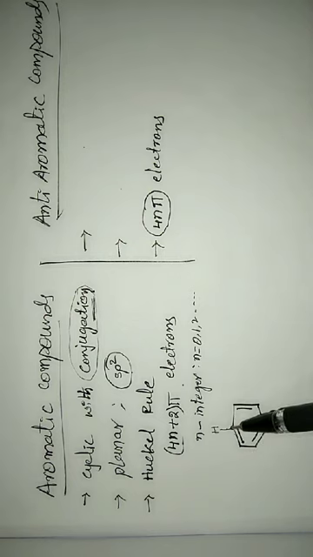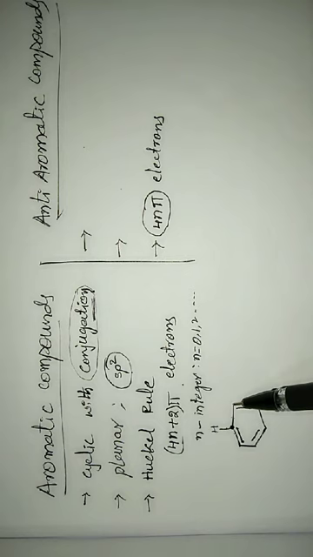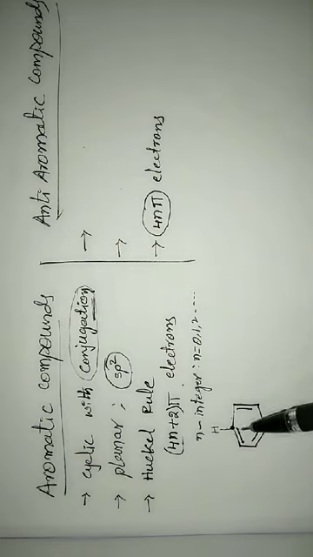So 3 sigma bonds means sp2 hybridization. Similarly, all 6 carbons in benzene are sp2 hybridized. Because of that, this molecule is planar. The second condition is also satisfied.